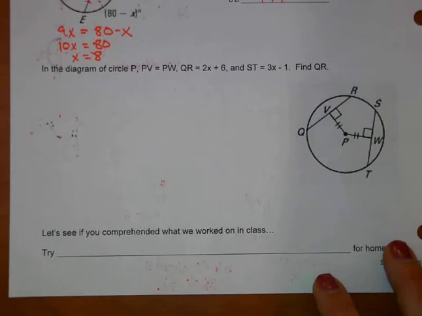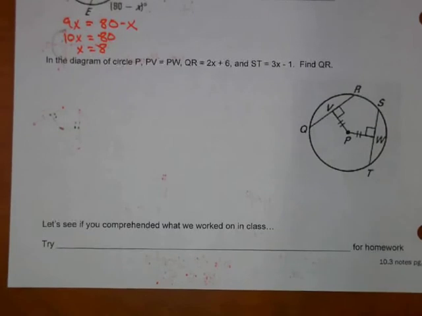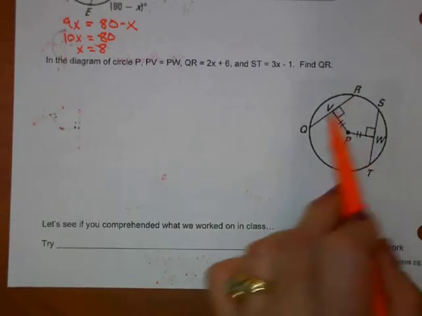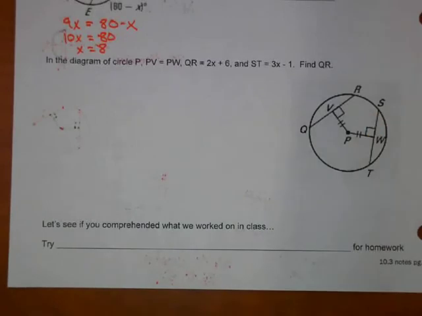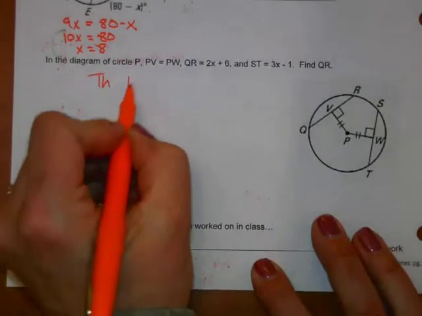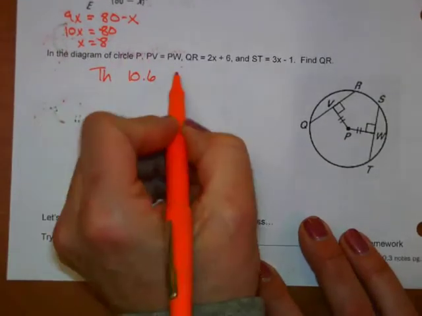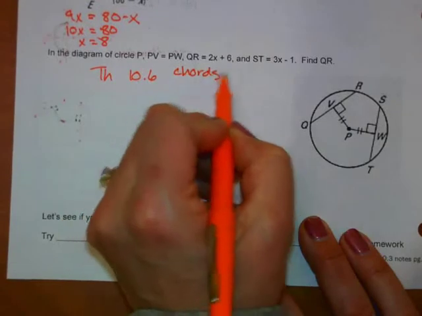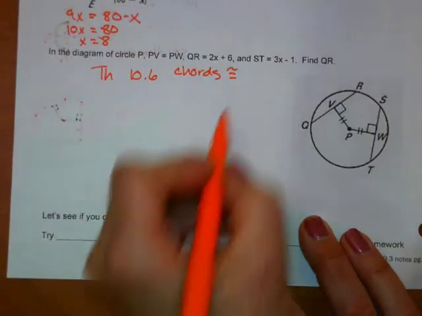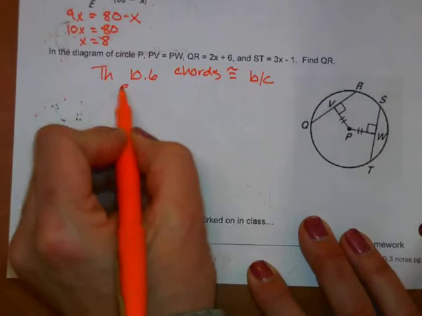Okay. In the diagram of circle P, PV is equal to PW. QR is equal to 2x plus 6, and ST is equal to 3x minus 1. Find QR. What does this diagram tell us about these two chords? They're congruent because they're equidistant from the center, by theorem 10.6.